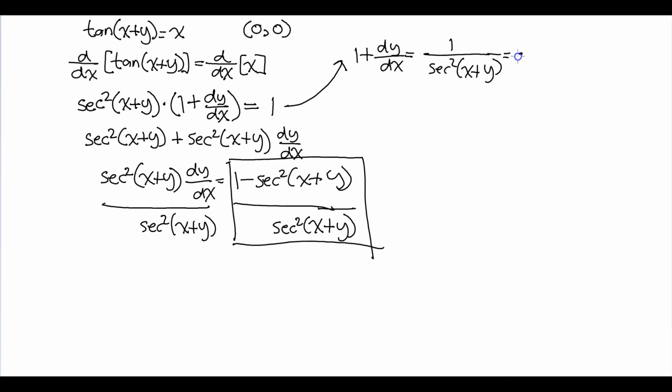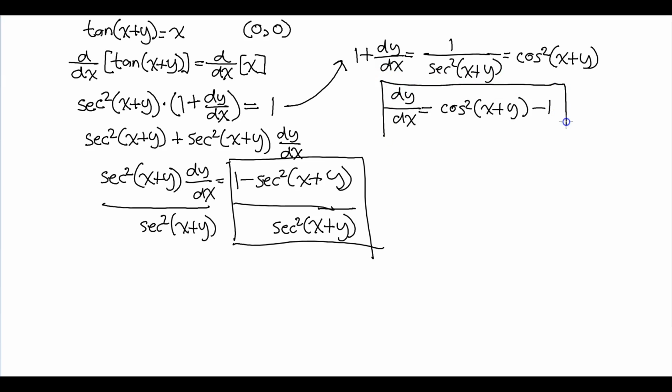And you can subtract 1, and you get dy/dx equals cosine squared of x plus y minus 1. You could verify using trigonometry that both of these expressions are equivalent.